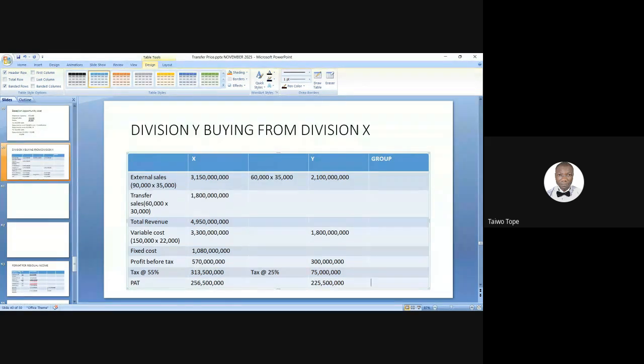Now, there's one thing with transfer pricing. In most organizations, this is a practical issue. We have some staff whose activity is to do this.